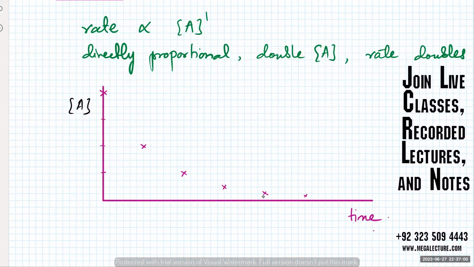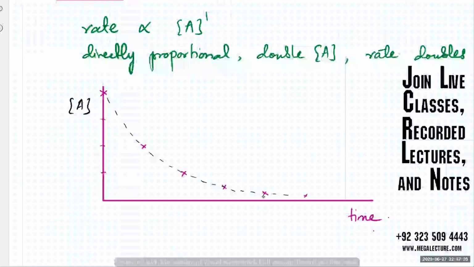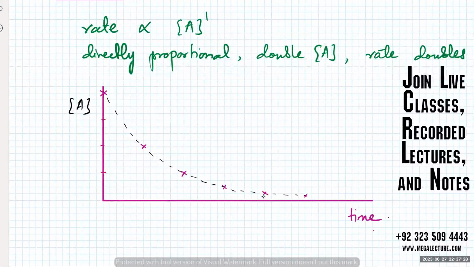And so on. So anyway, it's going to be a curve. Okay, that's fine. The A concentration will decrease. Anyway, so it's going to be a curve like this.